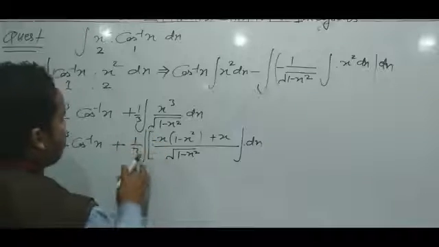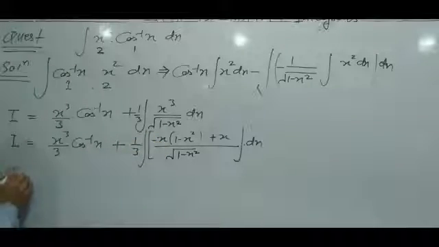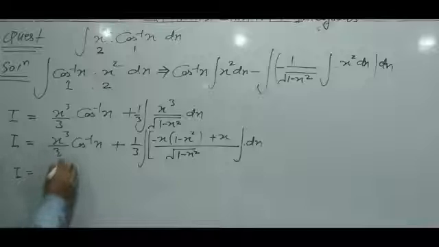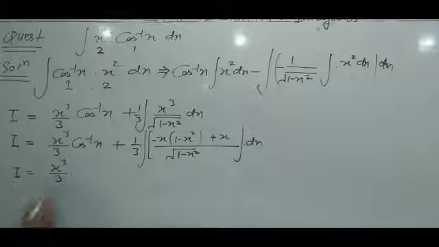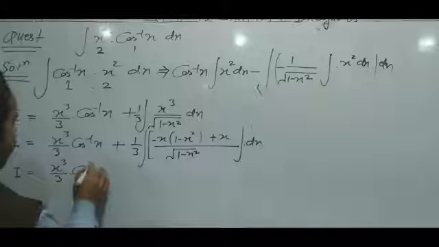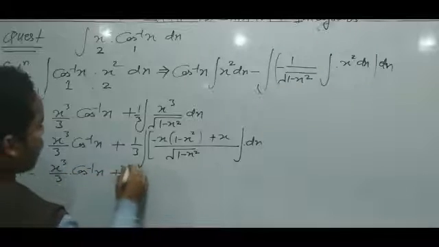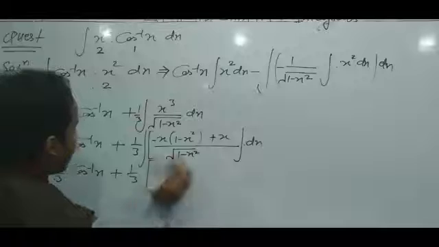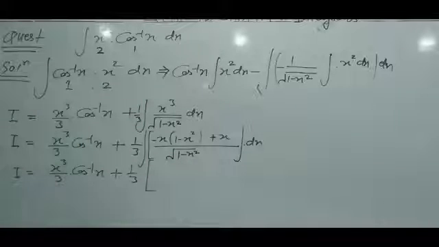So integration here: x cube by 3 into cos inverse x plus 1 by 3 in big bracket.